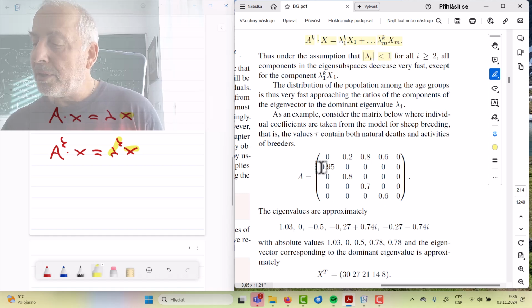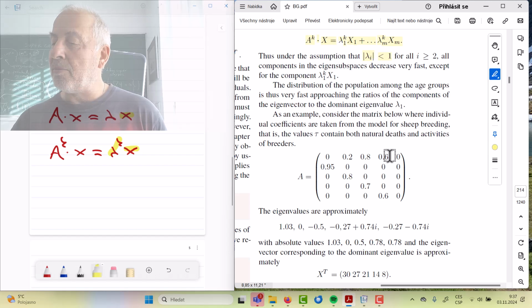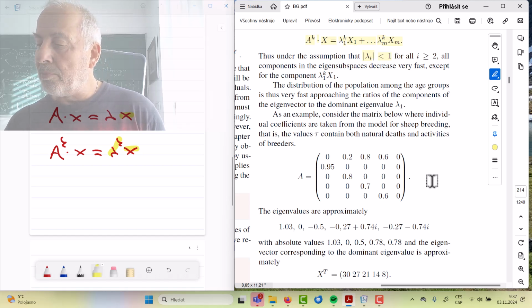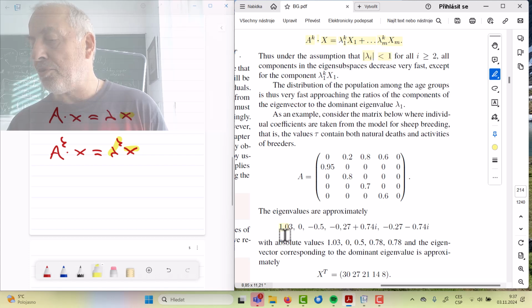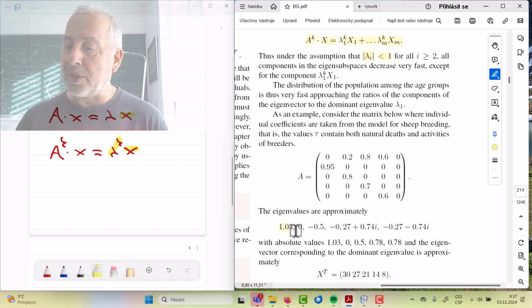And you see these are regular numbers observed at some farm. If you compute the eigenvalues, which you could easily do in Sage or anywhere else, the first one will be 1.03, so it means something like 3% growth.